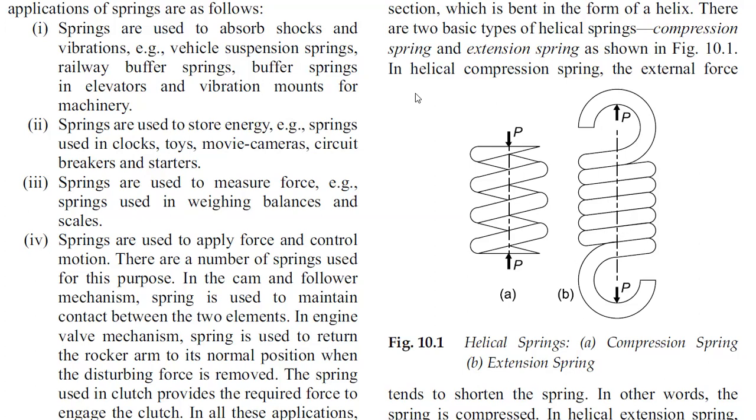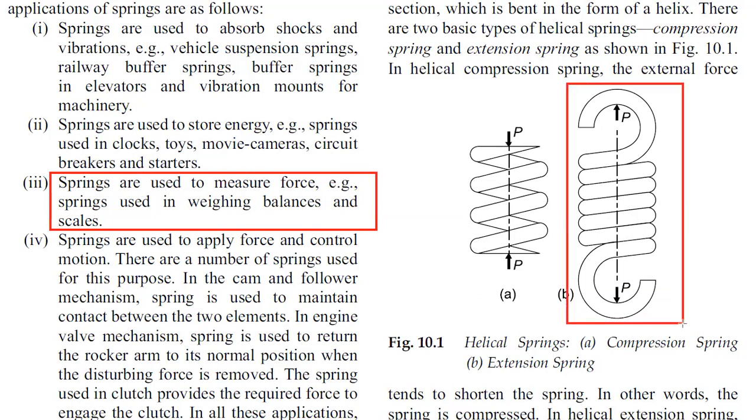Then we have another important application: springs are used to measure force, right? Like in weighing machines, they use a helical spring like this. In the initial phase, the spring is in the compression form, and if you attach the load at one side of the spring, it will start expanding.